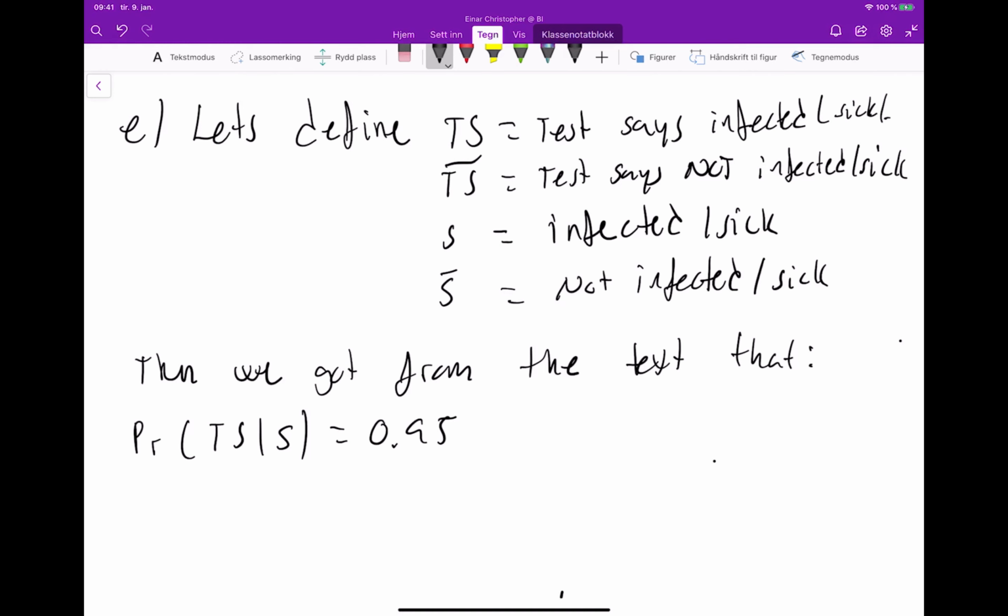So it's pretty sure that the test gives the right answer if you are sick. But actually, the test tells you that you are sick, even if you are not, with a pretty high probability, 0.1. So if you are not sick, the test will say that you are sick in 10%.